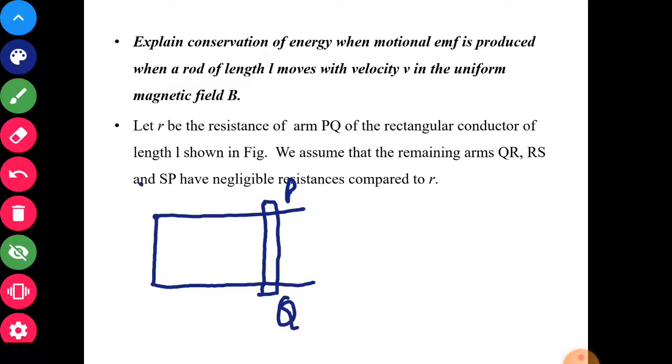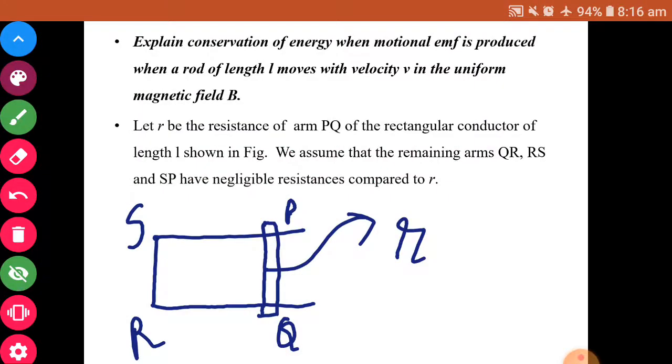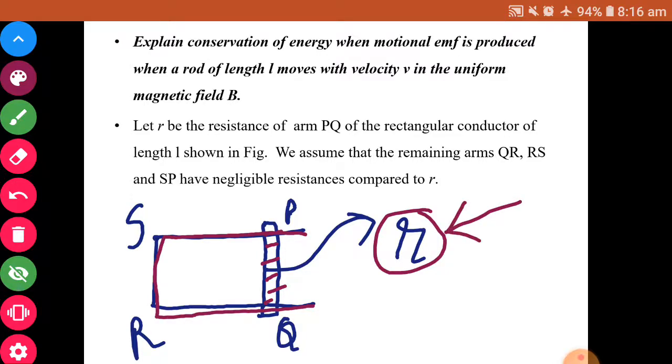Here it is S, here it is R. Only this much is having the resistance R. All of the U-shaped conducting frame is not having any resistance. So the circuit which is produced here is having the resistance R only. This closed circuit PQRS is having only resistance R.